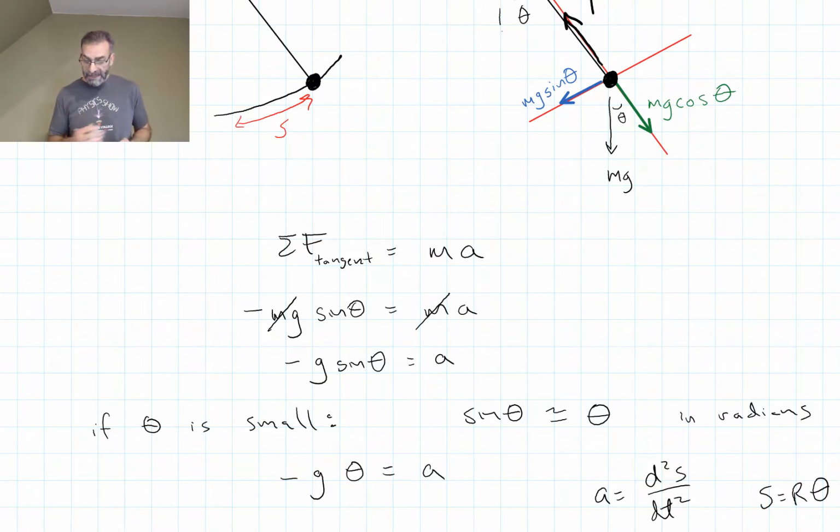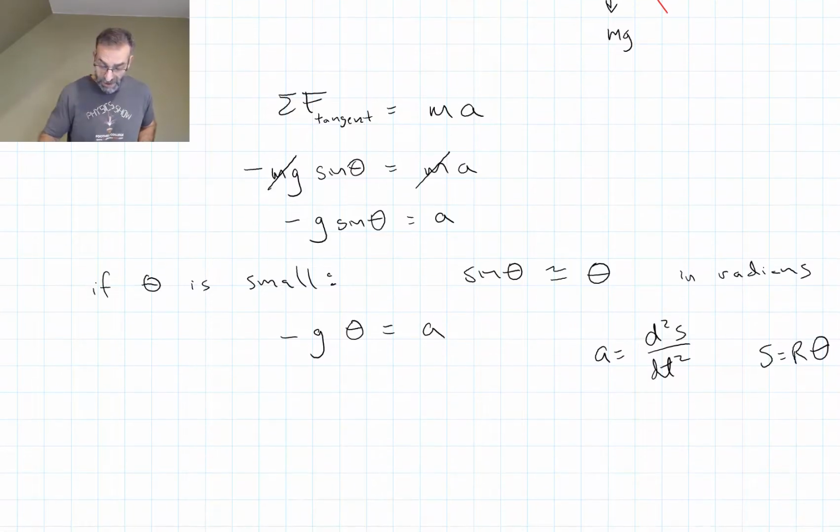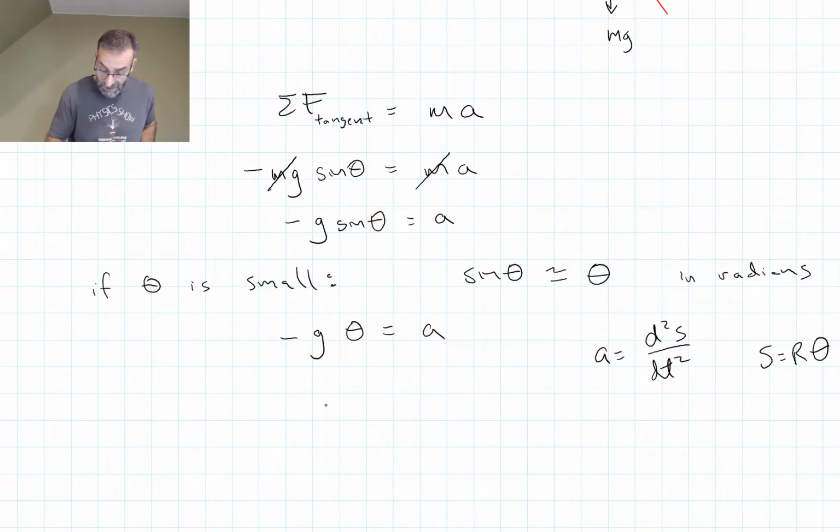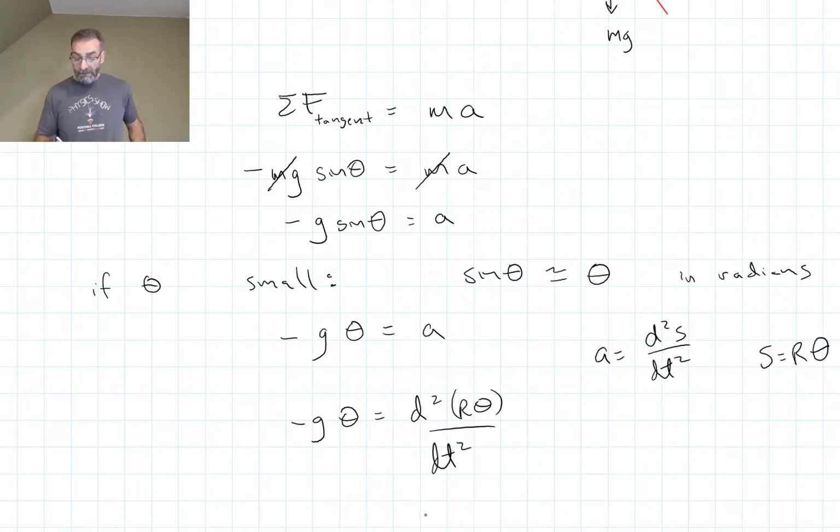So if we're in radians, this is true. Let's plug that back in. We've got minus g theta is the second derivative of r theta with respect to time. Remember, theta is a function of time. It changes with time. And so is s. S is also a function of time. The position of our particle along the arc length changes with time.